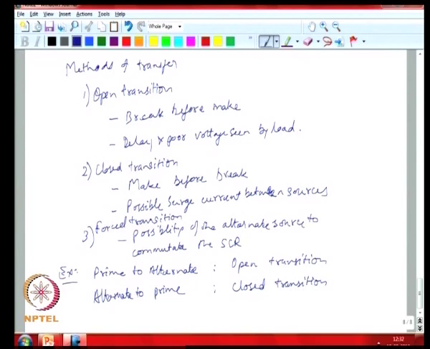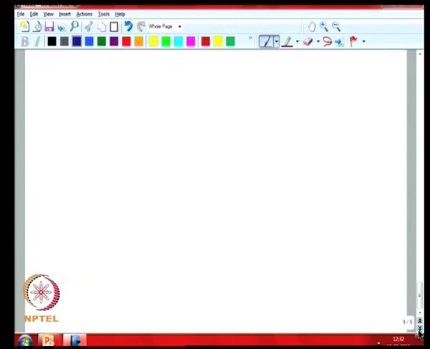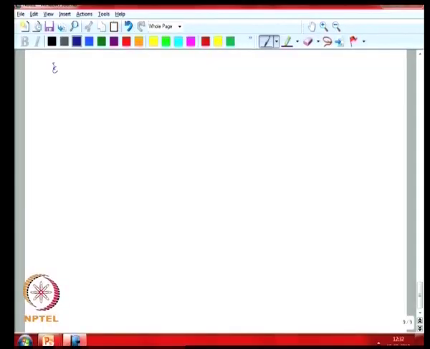Also, you could think about a situation where you have a possibility of making use of one source to commutate the second source. So, say if the load is at unity power factor.